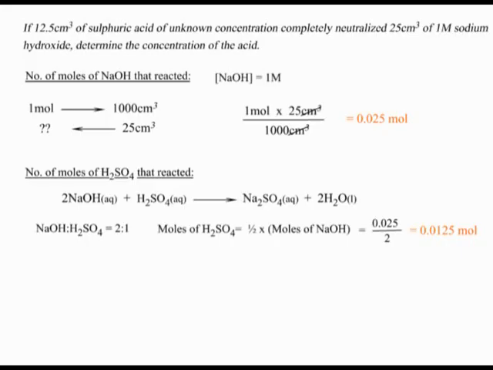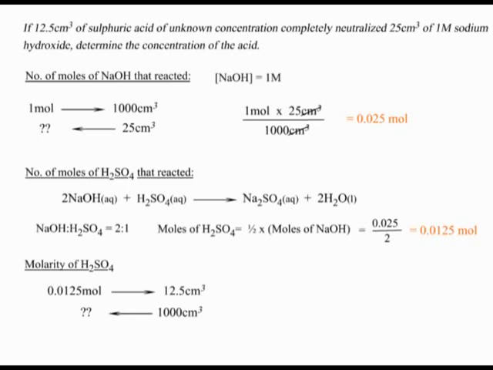As for the acid, the 0.0125 moles are contained in 12.5 cubic centimeters. So what is the molarity of the acid? It is the number of moles in 1,000 cubic centimeters. So we say 0.0125 moles are in 12.5 cubic centimeters. How about 1,000 cubic centimeters?